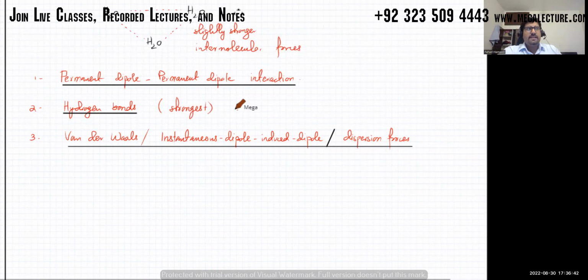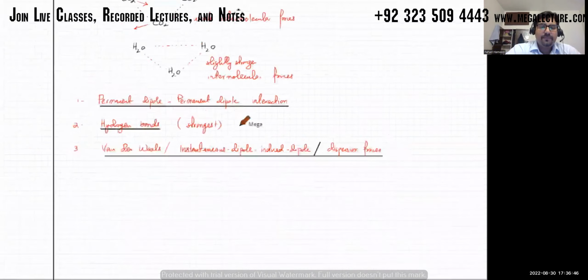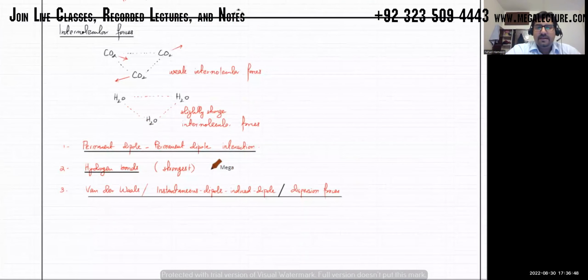Lots of properties depend on intermolecular forces, like melting points, boiling points, a lot of physical properties, even reactivity. If molecules don't attract each other, they won't react with each other. So even chemical reactivity also depends on how the molecules attract each other.